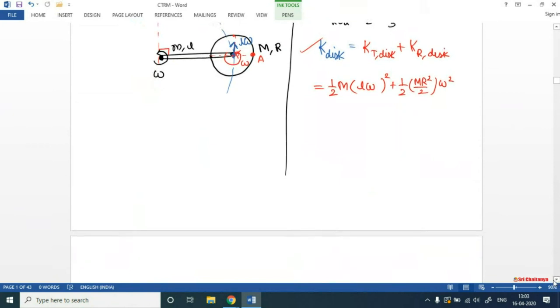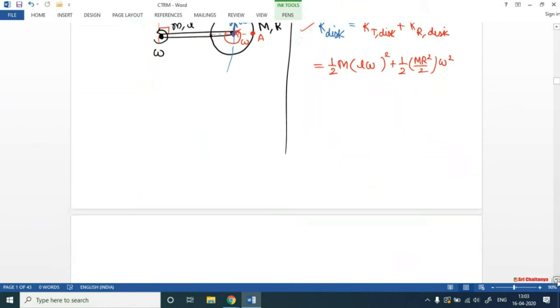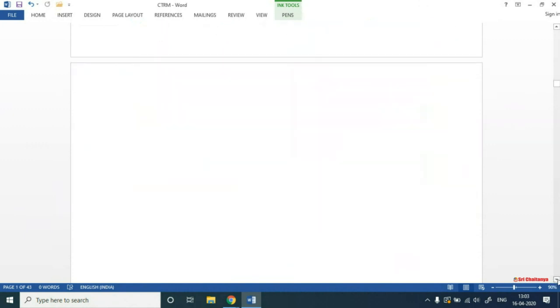So now the other thing I want to discuss over here is about the angular momentum.